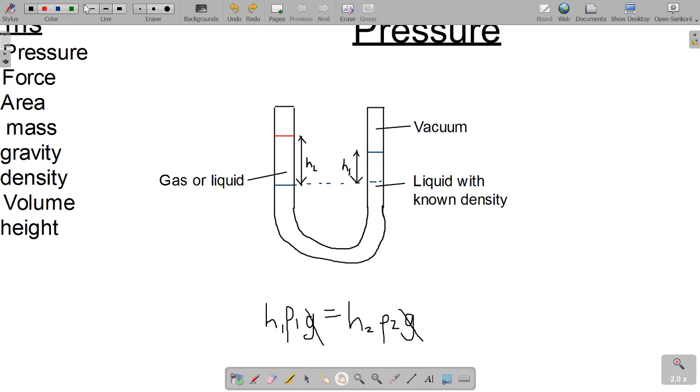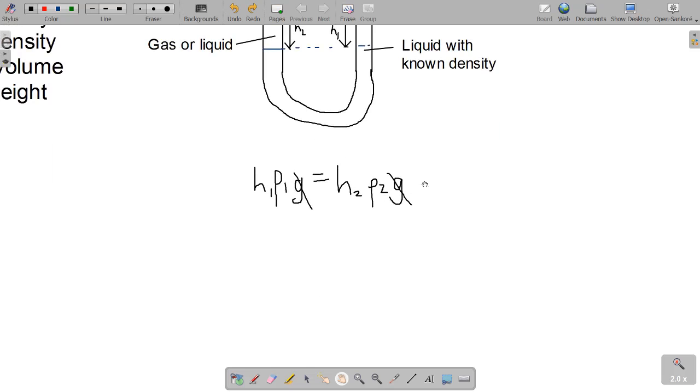So what if, let me see, okay, yeah. What if, let's say, there is atmospheric pressure here? You can still do the calculations, but you need to take into account that there is a plus P ATM here.